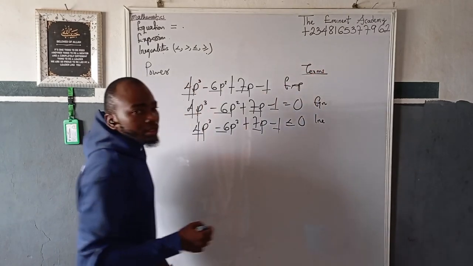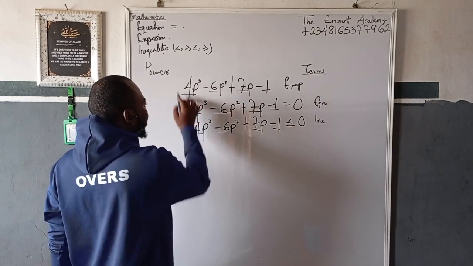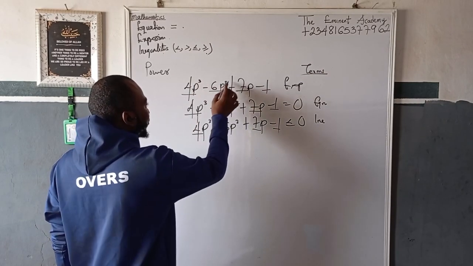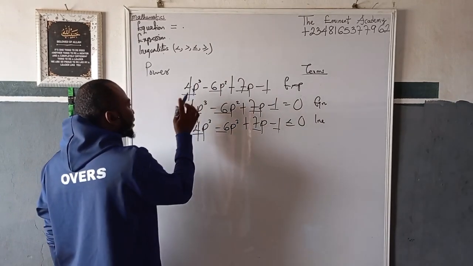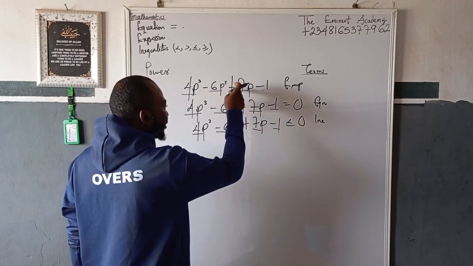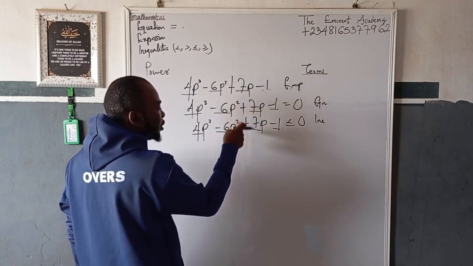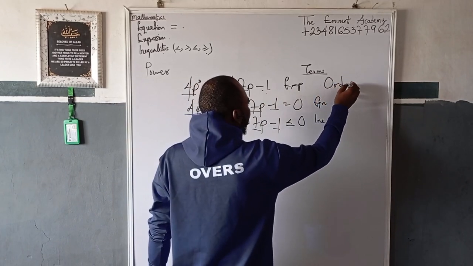So in this expression, I will say the first term of the expression is 4p cubed. The second term of the expression is minus 6p squared. The highest power of the variable in either the expression or the equation or the inequality is then called the order of it.